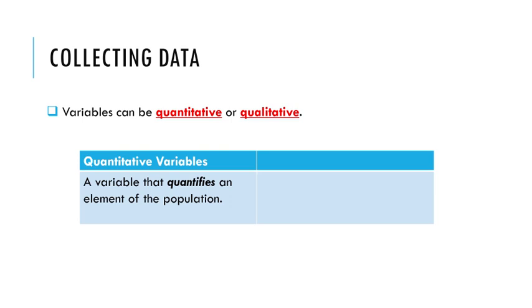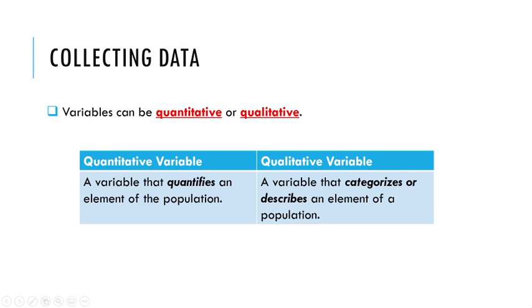So if a variable quantifies something, right, it's going to be something numerical, a quantity, then it's a quantitative variable. But we also have qualitative variables, and qualitative variables categorize or describe an element of a population. So quantitative variables quantify with some kind of number, and qualitative variables categorize or describe.